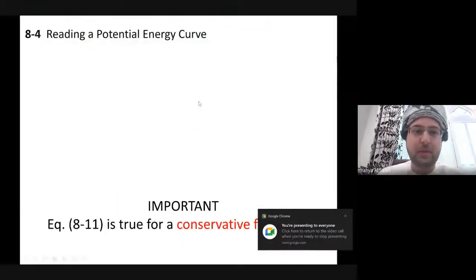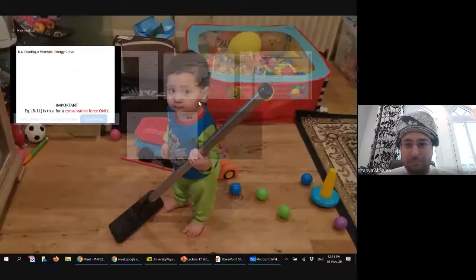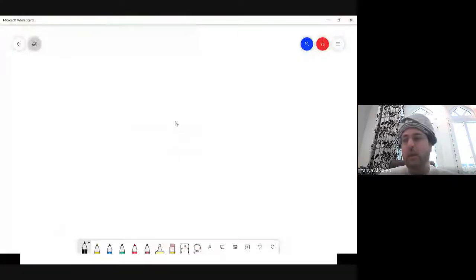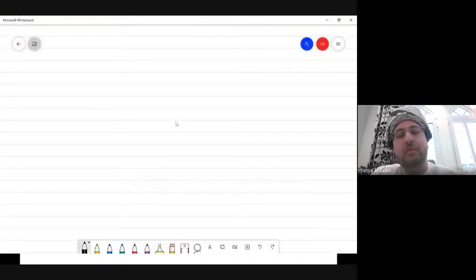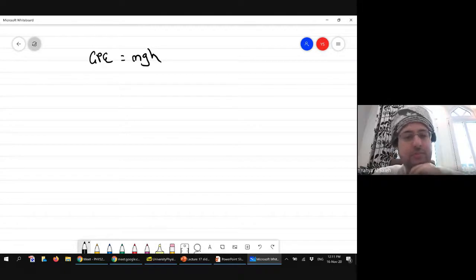Okay, so let's define what is a potential energy curve, and then explain how we read it. Now, we spoke about gravitational potential energy, and we derived it to be equal to mgh.